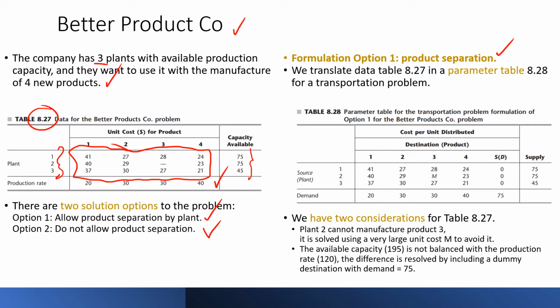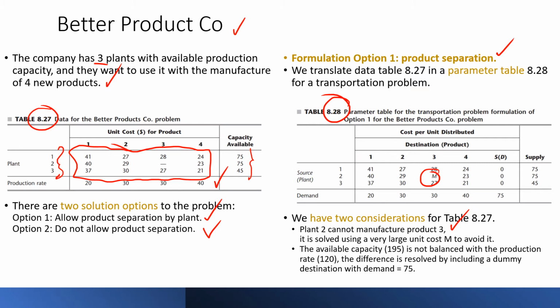So we have to translate first table 827 into 828. Here we have 2 main considerations to do. Plant 2 cannot manufacture product 3, so it is solved using a very large unit cost M to avoid it. It could be 100.